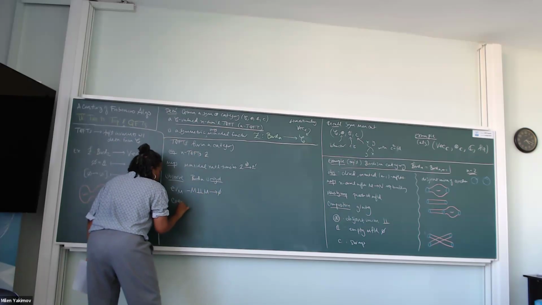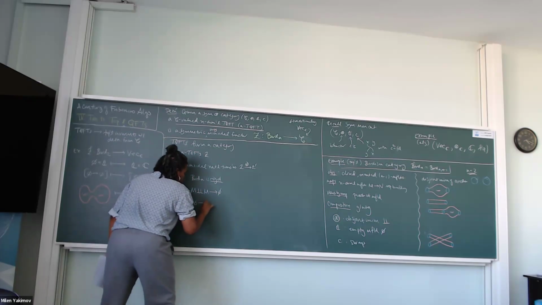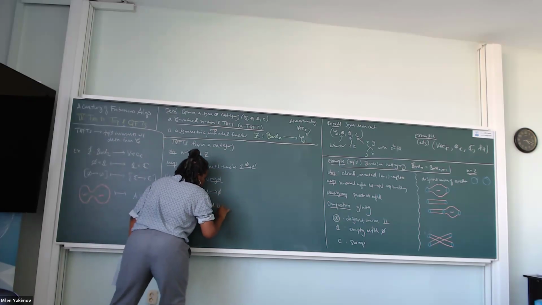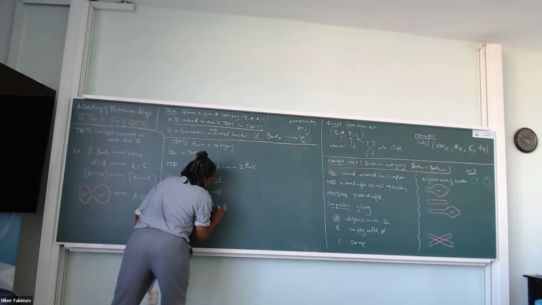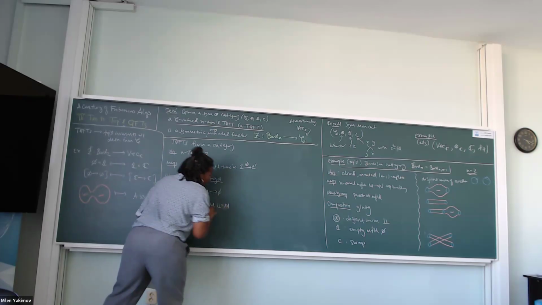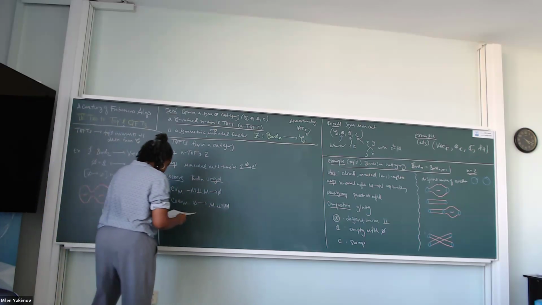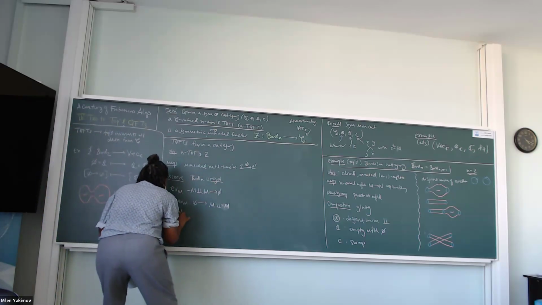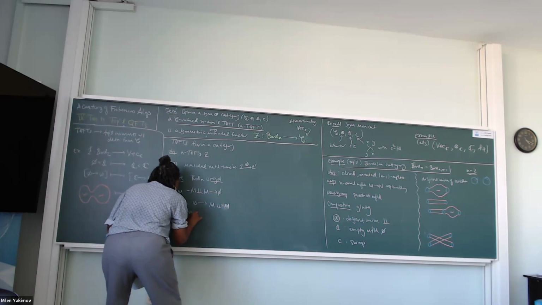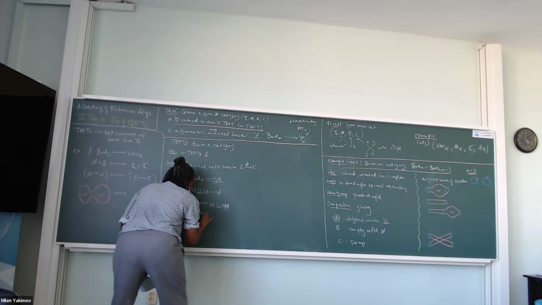And your co-evaluation morphism is a map that looks like so. Well, let's actually draw some pictures of what this looks like for n S2. So these have to satisfy the zigzag identities.